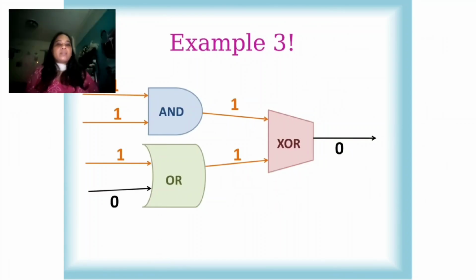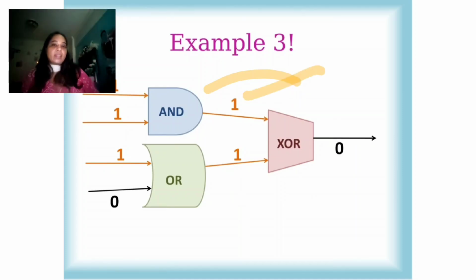And next, another example. Here I am concatenating AND gates, OR and XOR. I am passing two inputs. Both inputs are true, so you get the true condition through the AND gate, right? For the OR gate, if any one of the inputs is true, you get the result also true.